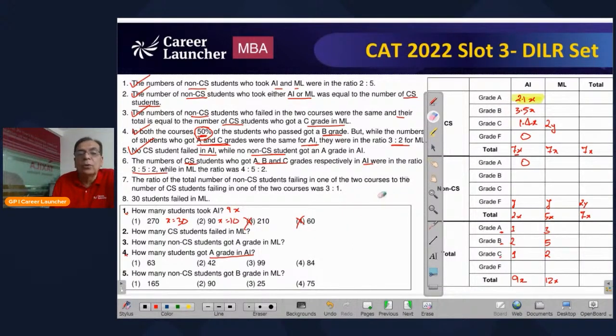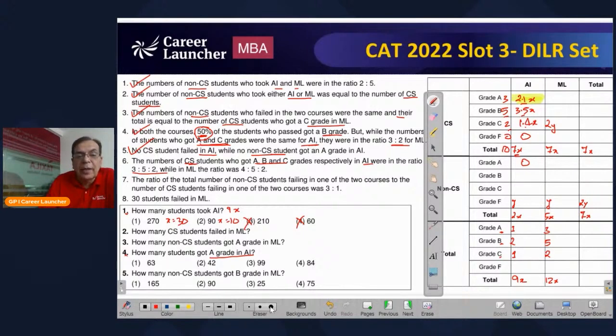Why have I written 2.1 and 3.5? Because if the ratio is 3:5:2, that means the total should be 10. So 3 upon 10 is 30%. 30% of 7 is 2.1. 5 upon 10 is 50%, 50% of 7 is 3.5. And again, 20% of 7 is going to be 1.4.